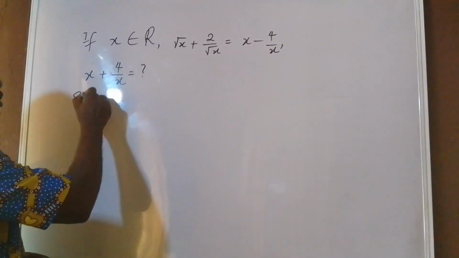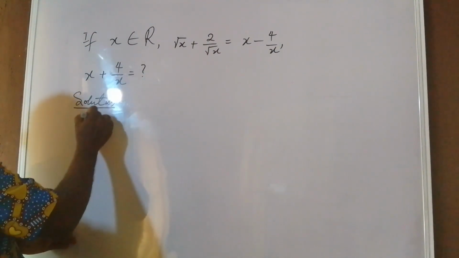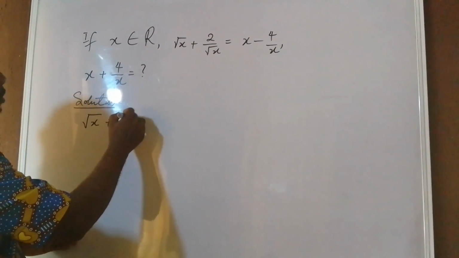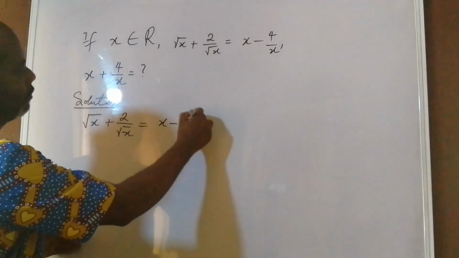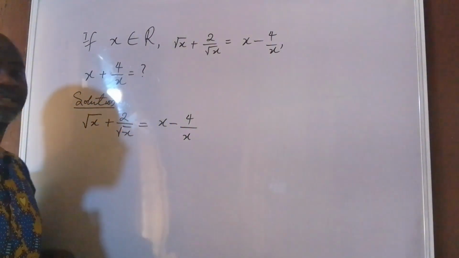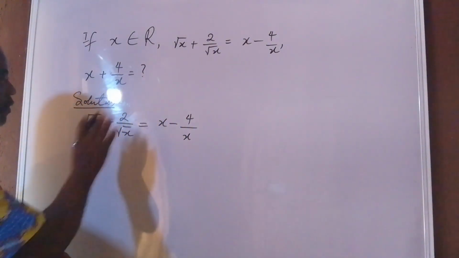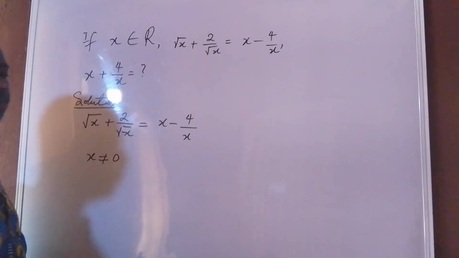So I will say solution. We have square root of x plus 2 over square root of x equal to x minus 4 over x. Before we start anything, first I need to make it clear that for this equation to be true, x cannot be equal to 0.